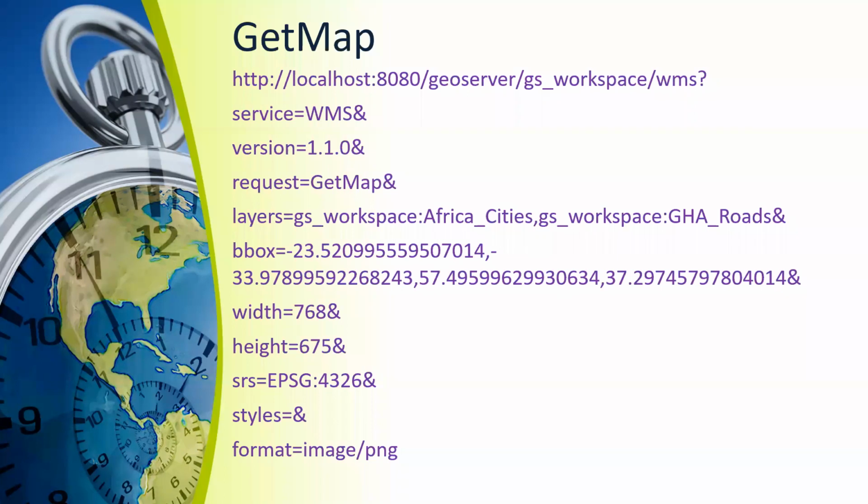You should not add the layer name directly, since the workspace and the layer name are both part of your layer name. So in this case, we have GS_workspace, then a colon, and then Africa_cities. Then we also have a second layer. You notice that there's a comma there. Then we have GS_workspace, GHA roads. So you can continue to add.